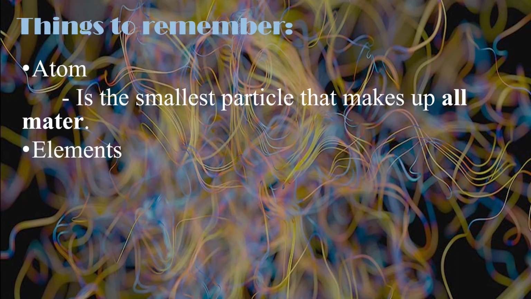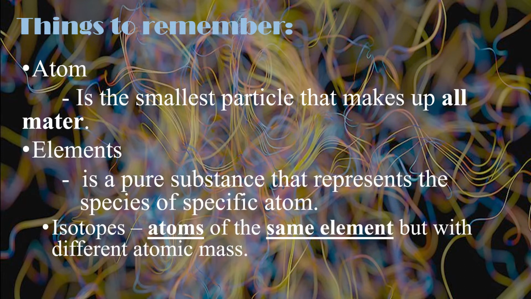If we are familiar with the periodic table of elements, it shows the elements that are known to the universe. An element is a pure substance that represents the species of a specific atom.